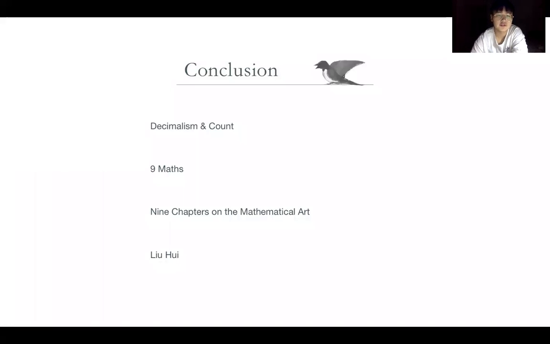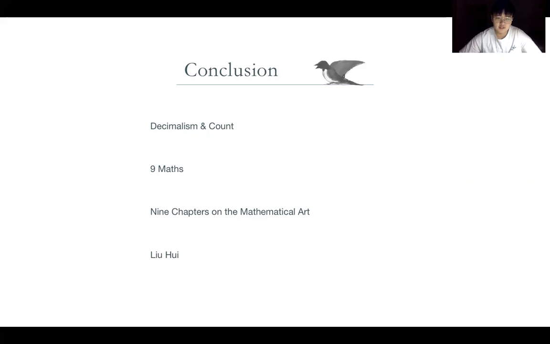Let's have a conclusion. First, we looked at the decimalism and the counting system in ancient China that was founded really early. Then we looked at the nine branches of mathematics. In ancient China, people divided the study of math into nine branches.